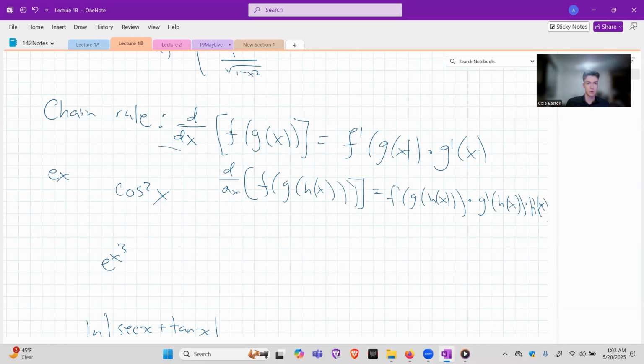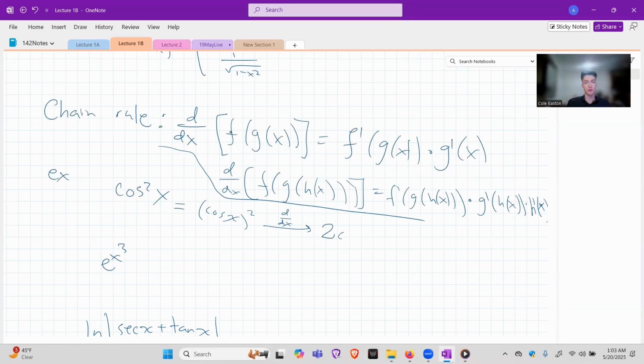So let me just push that over. So, okay, cosine squared of x, we want to think of that as being, now equals doesn't mean derivatives, it's just actually equal to. It's the same thing as saying cosine of x squared. And so when I take the derivative, we think of this outer function, like our f of x, as being x squared. And so f prime of that is 2x. So it's 2 times, but here our x is actually cosine of x.